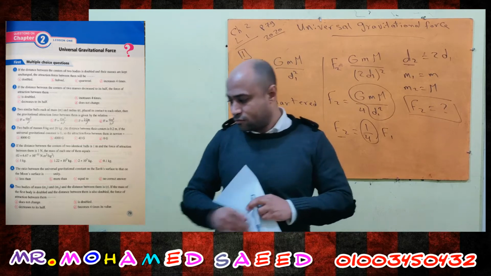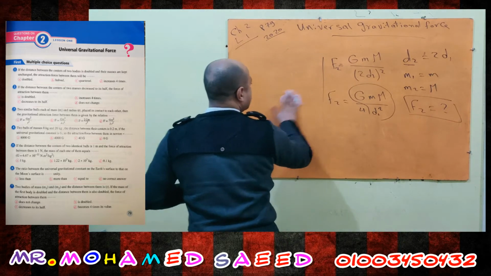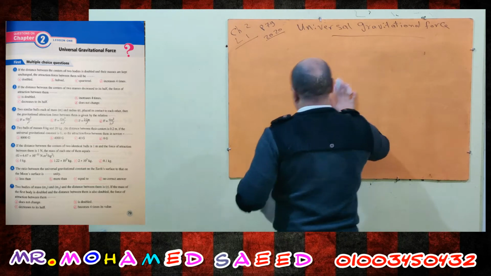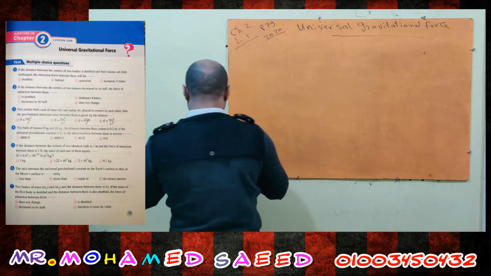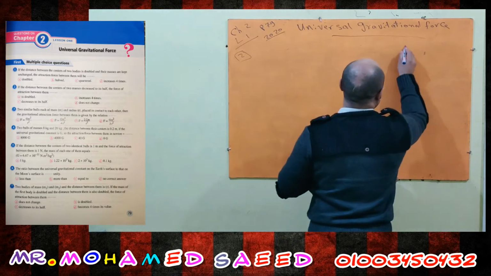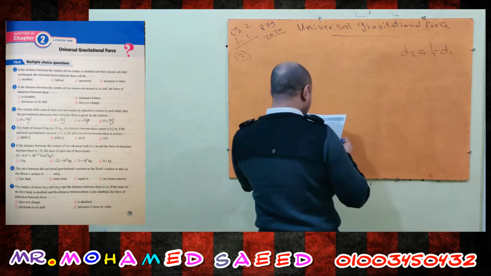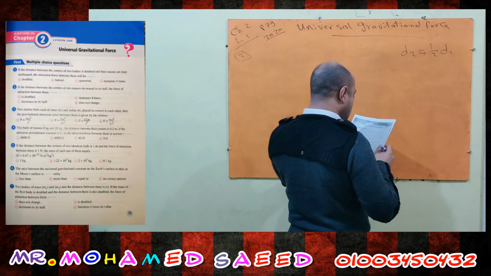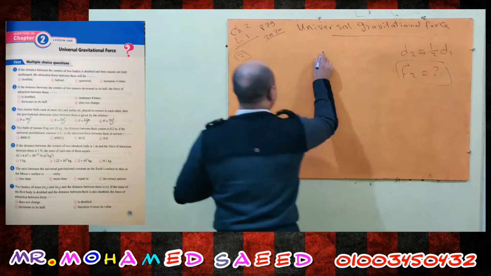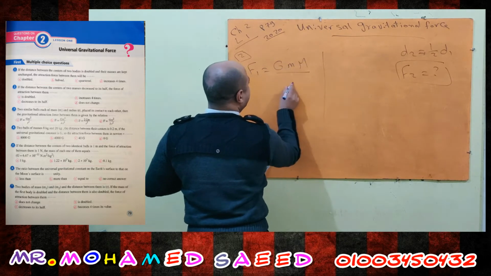Okay, the next question. Question number 2. If the distance between the centers of two masses decreases to its half, the distance D2 equals half D1. The new force equals what? Before changing the distance, F1 equals G capital M small M capital over D1 square.